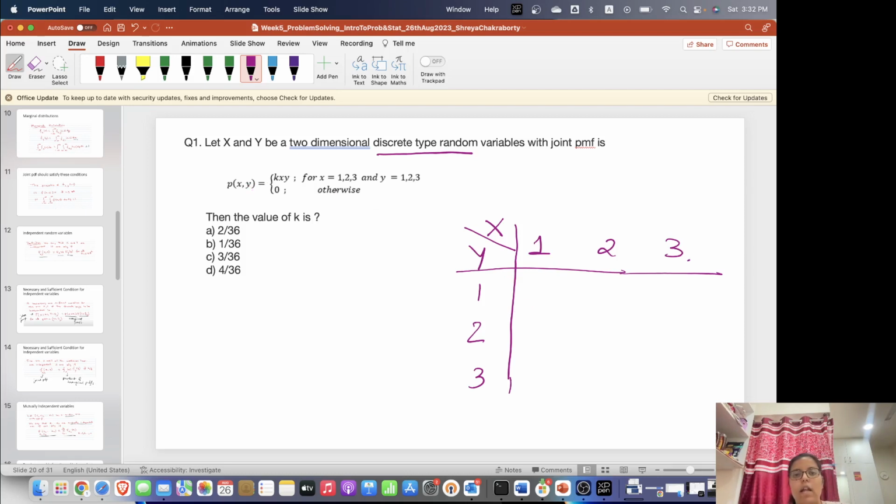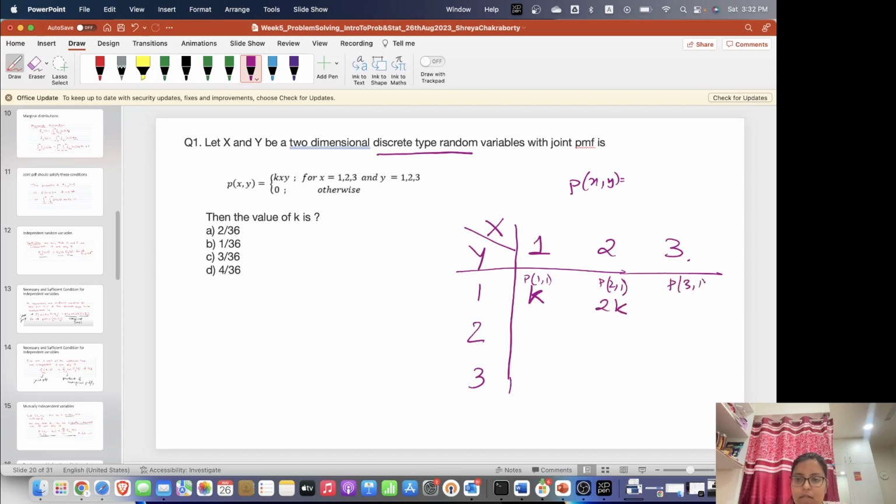Now for x equal to 1, y equal to 1, pxy will be k. Each cell will represent pxy. So this is p11, p21 with x equal to 2, y equal to 1, which will be 2k.